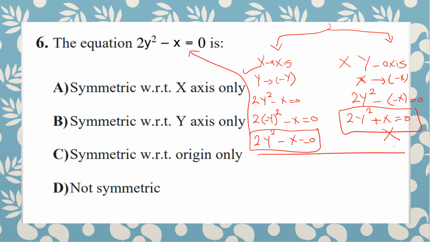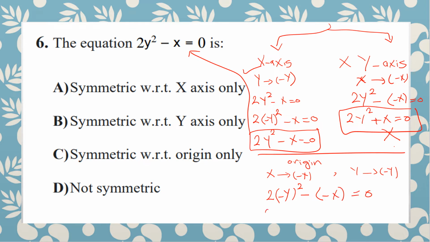The third test is the symmetry with respect to the origin, and this is by substituting the value of x with negative x and the value of y with negative y. So 2 negative y squared minus x equals 0.